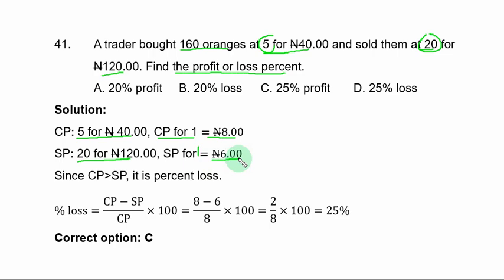It is clear that cost price is greater than selling price. For this, we have percentage loss, and the formula is this. So you insert the selling price and cost price into the formula and simplify, and you have 25% loss. Option C is the correct option.